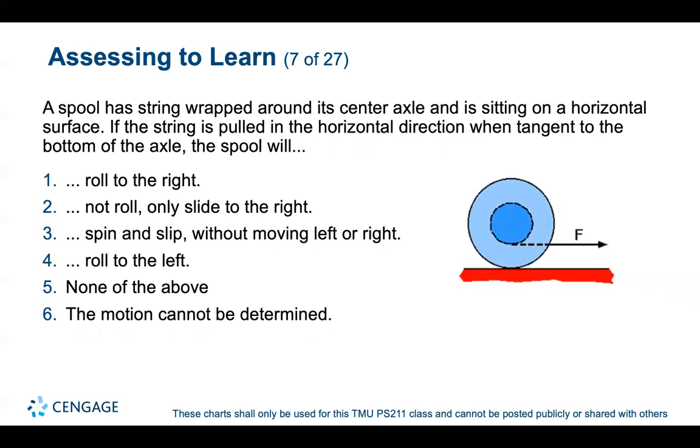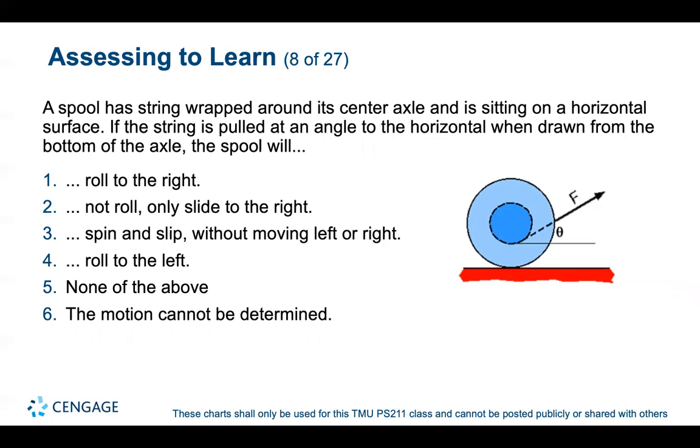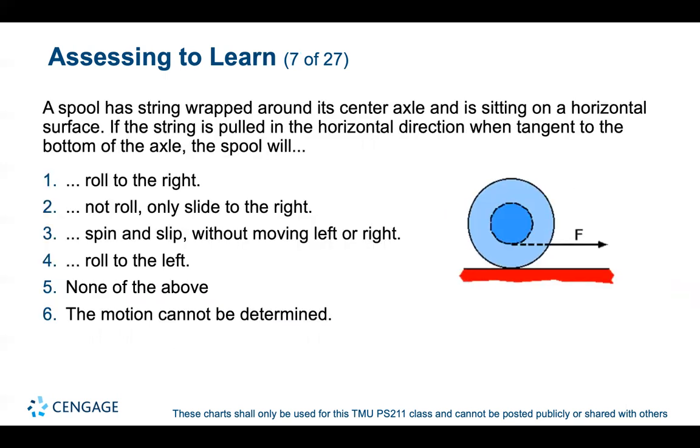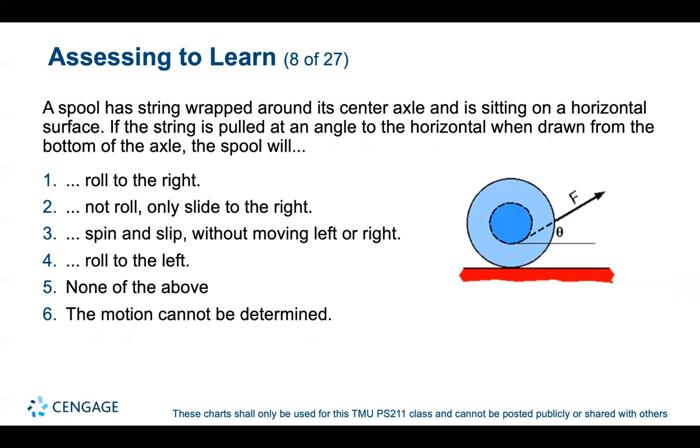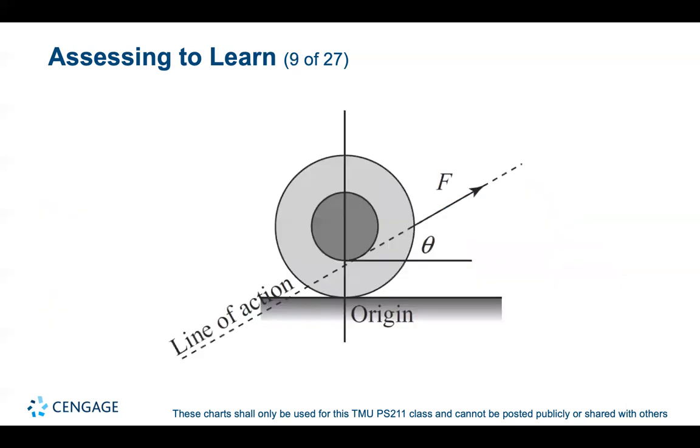And so if the string is pulled at an angle to the horizontal when drawn from the bottom of the axis, the spool will roll to the right.